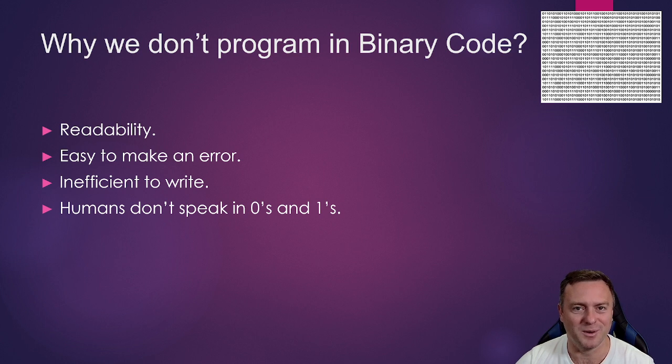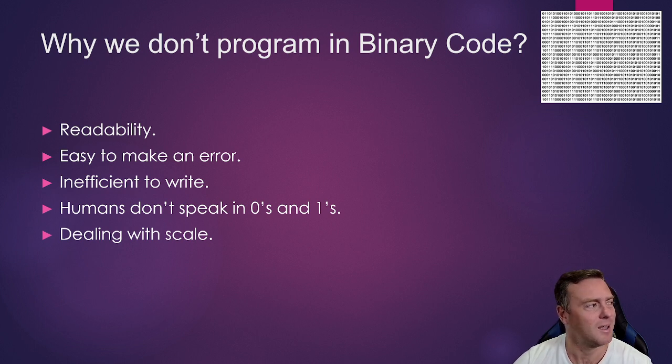Humans don't speak in 1s and 0s, not most of us. And if you had to do scale, for example if you had to build the whole of Fortnite using just 1s and 0s, and I think Fortnite is about 100 gig, so there's 100 billion bytes all lined up, which is a lot of time.